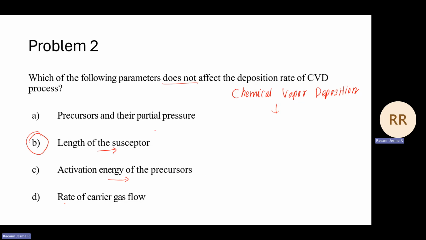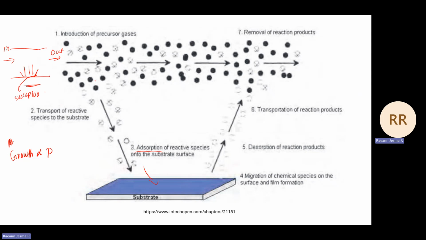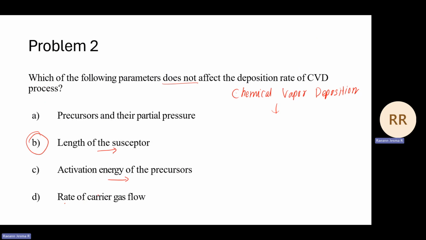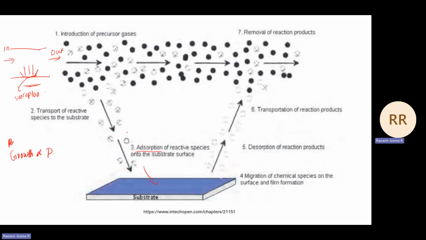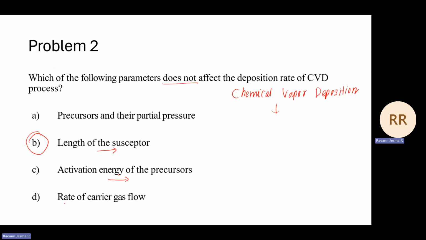The rate of the carrier gas flow, that is also important. Sometimes precursors, we will mix them with carrier gas flow as well. The rate of the carrier gas flow will determine the overall pressure in the chamber as well. So that also will play a role.